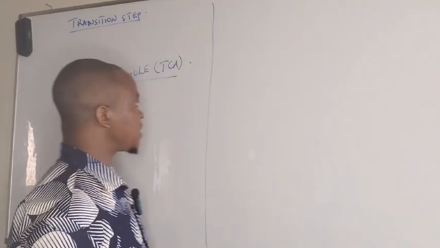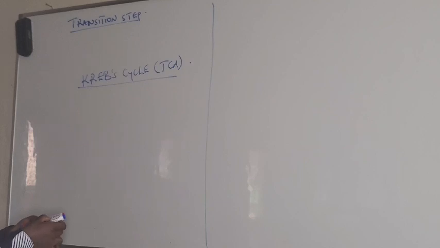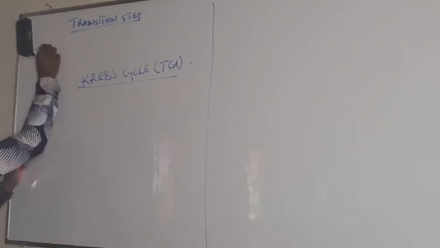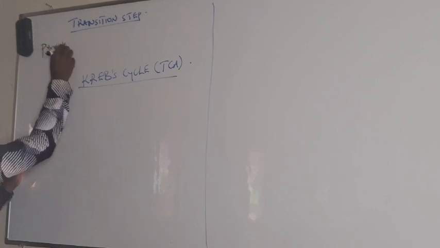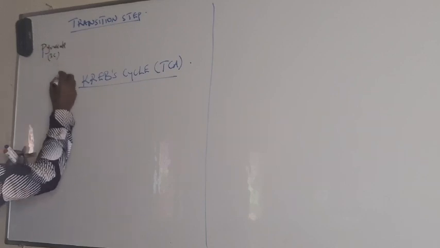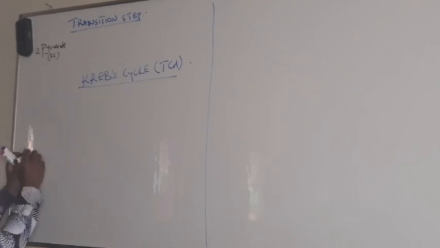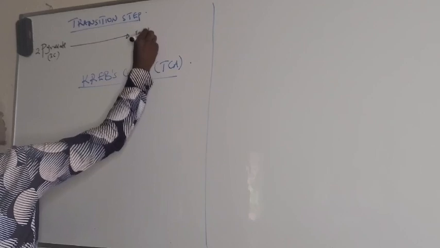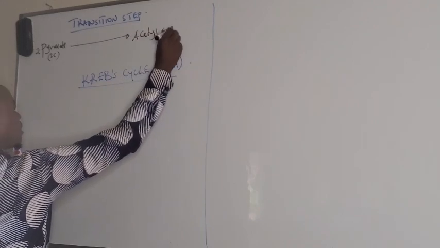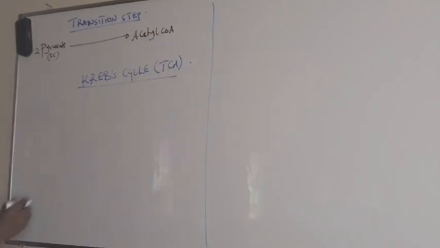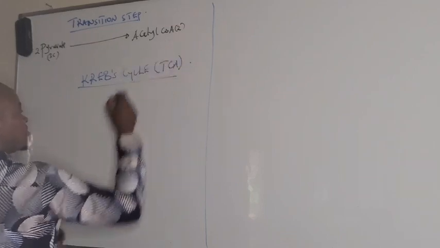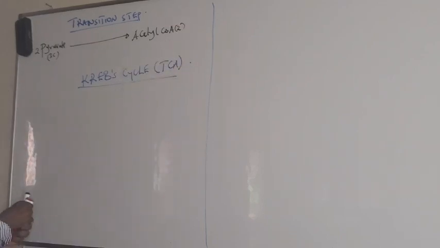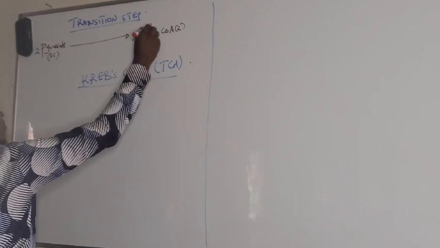We have seen there are two steps. When we form pyruvate as the end product of glycolysis, this pyruvate, which is a 3-carbon sugar, and we formed 2 of them, is converted to acetyl coenzyme A, a 2-carbon sugar.